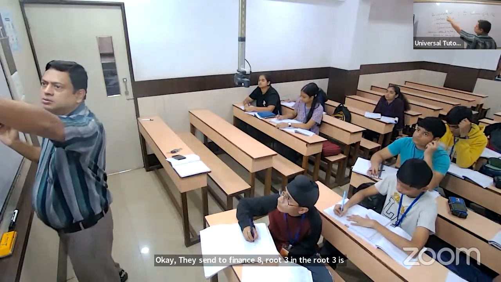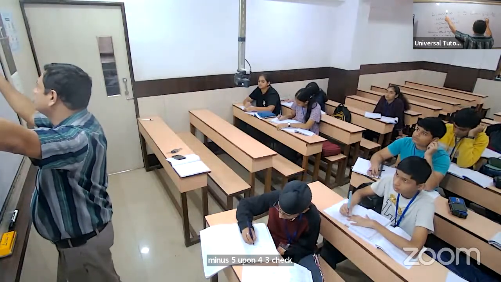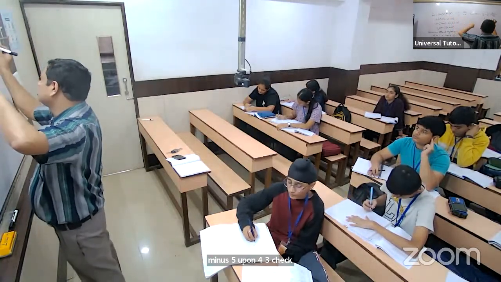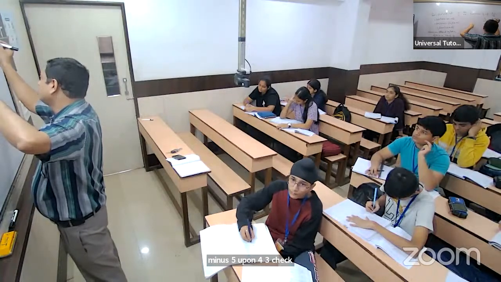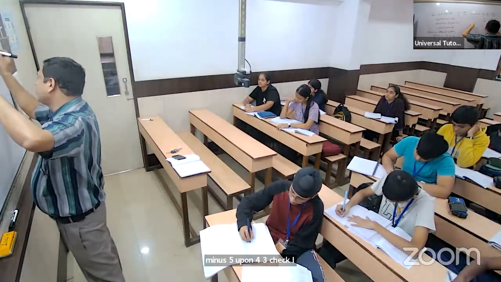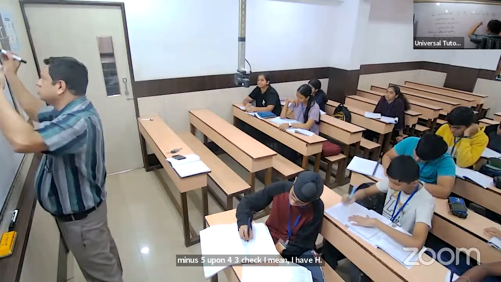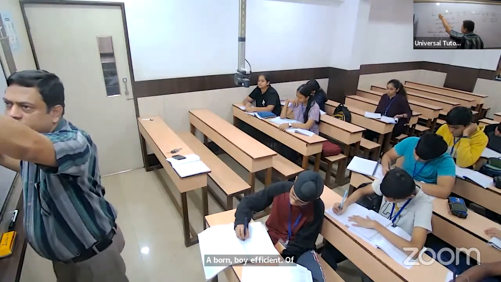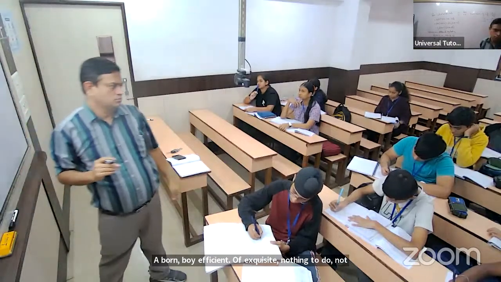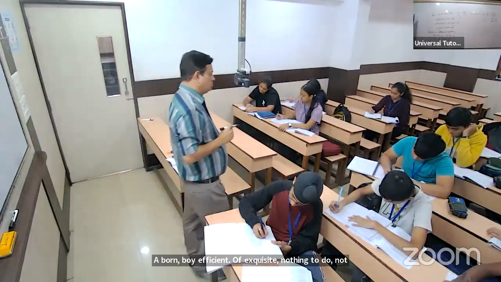Check: minus coefficient of x upon coefficient of x squared gives the sum of the zeros. Got it?